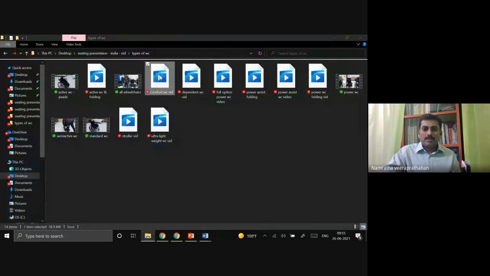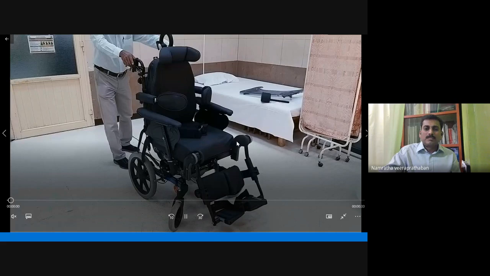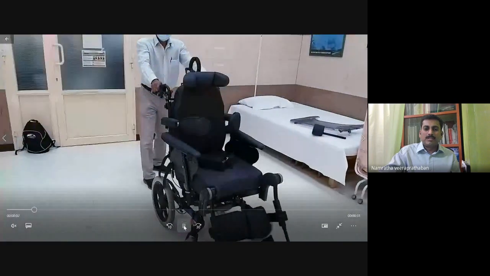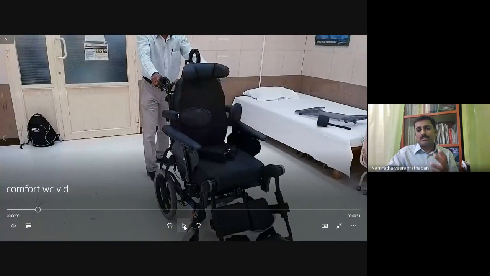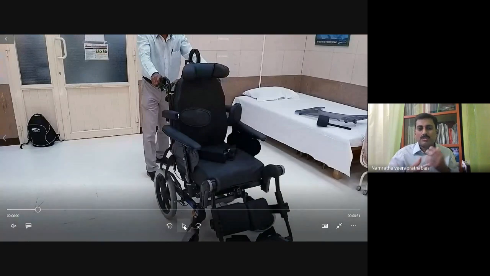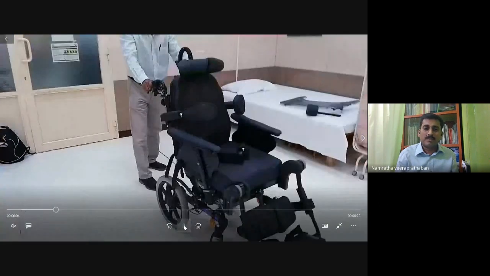Okay, then we go to the comfort wheelchair. This is an example of a comfort wheelchair. I said this is not foldable, so accessibility is going to be a real concern. But this is a very good chair for those who are bedridden and those who are in palliative care. Okay, this wheelchair is a good option.